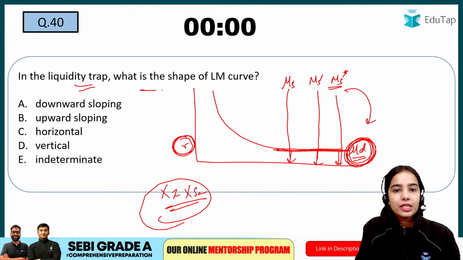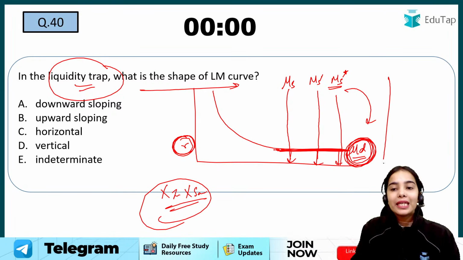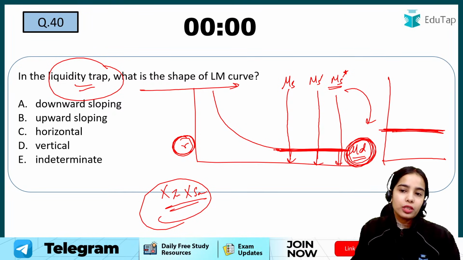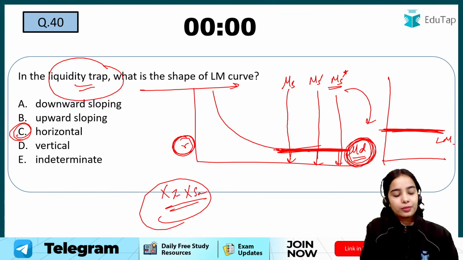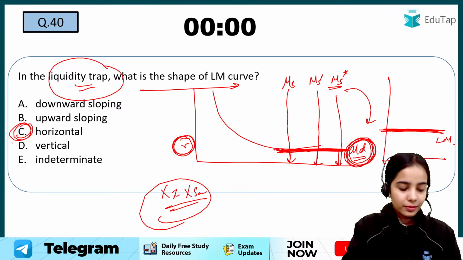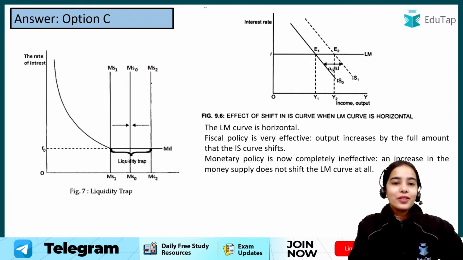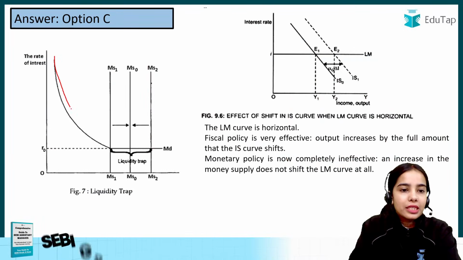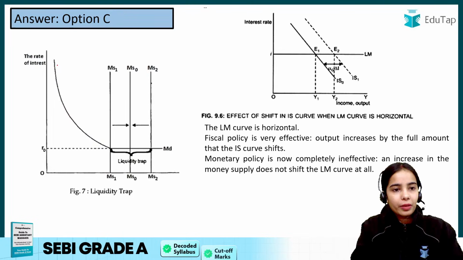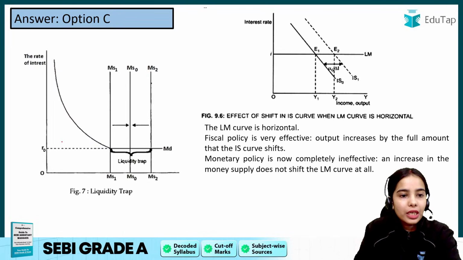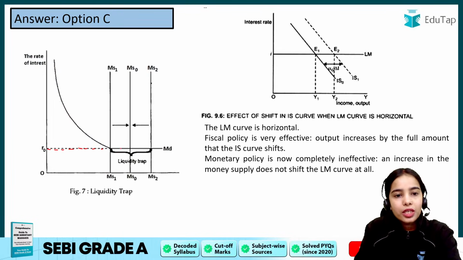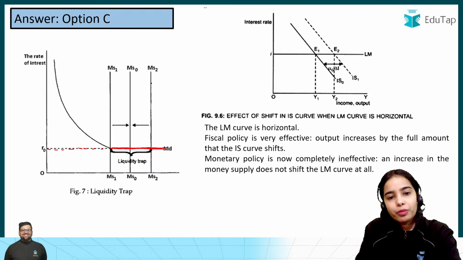So what is the shape of the LM curve? In the liquidity trap, when the demand for money is horizontal, then the LM curve is also horizontal. C is the answer. Here, the demand for money is normally downward sloping, but during the liquidity trap at a very low rate of interest, the demand for money is horizontal.